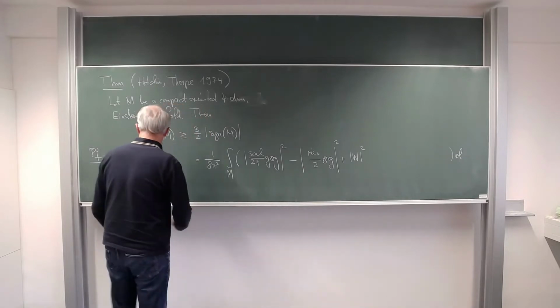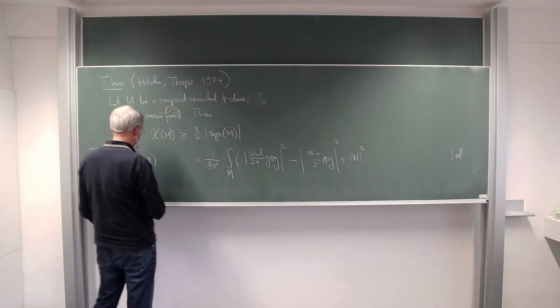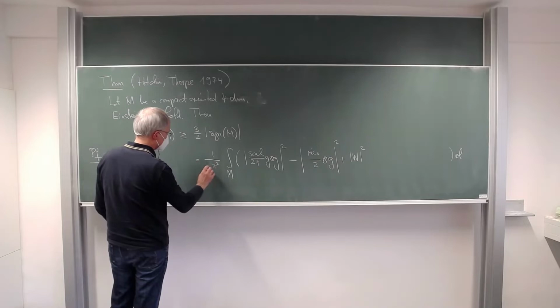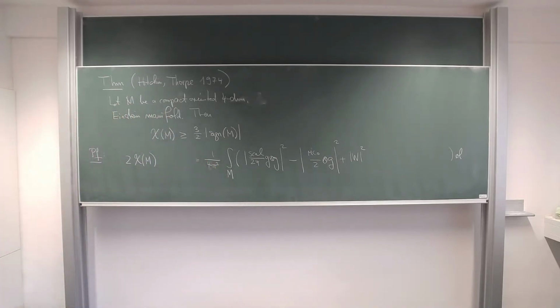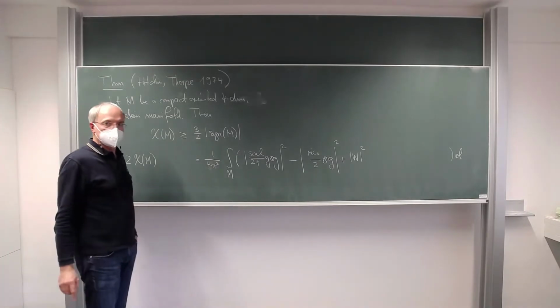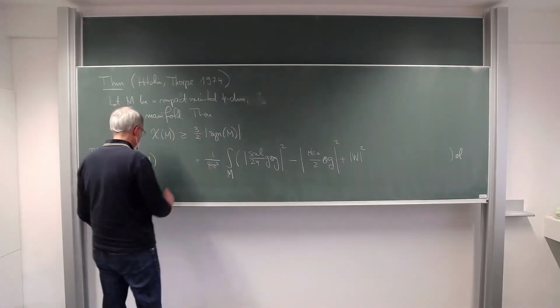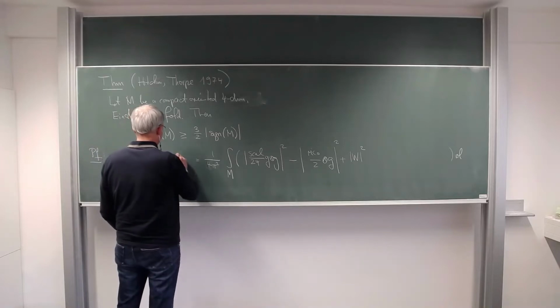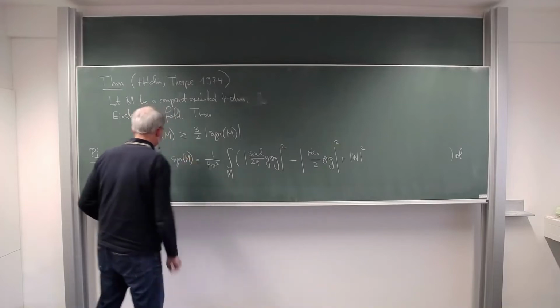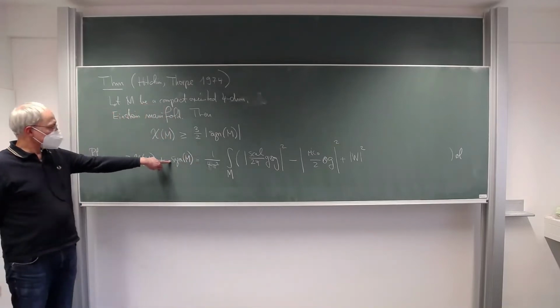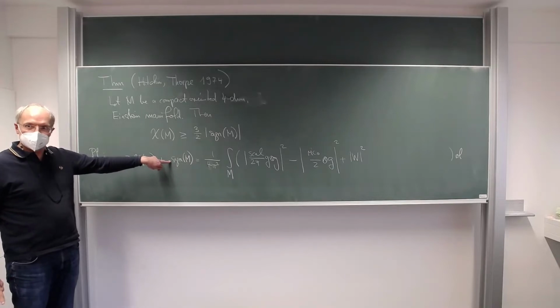And in fact, I'd like to put a 2 here so that I just multiply everything by 2 so that I can have 4 pi squared here. And the reason why I do that is because I want to combine this with the Hitchin-Thorpe signature theorem. So if we add the signature of the manifold, then this is given as 1 on 12 pi squared.